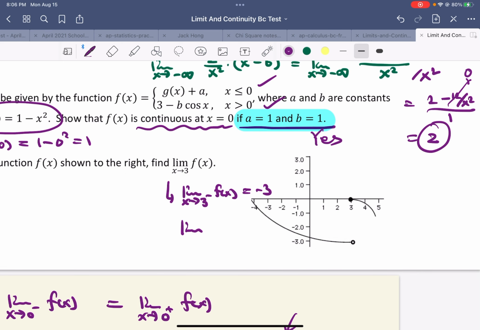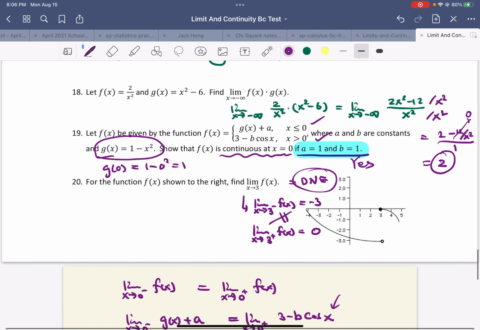What about the right-hand side? Approaching 3 from the positive side, you follow this curve here, and it approaches 0. So this one is 0. Since they don't match, you have to say the limit does not exist, because the left-hand side limit and right-hand side limit don't match.